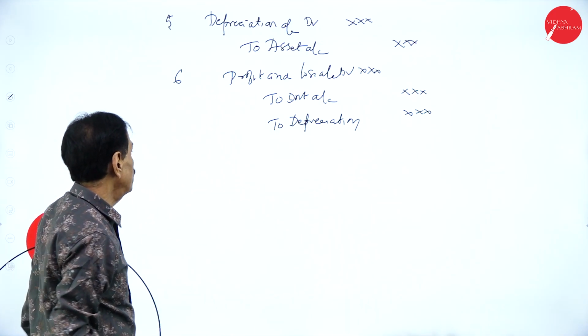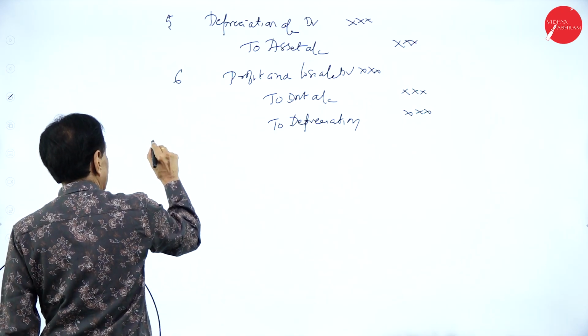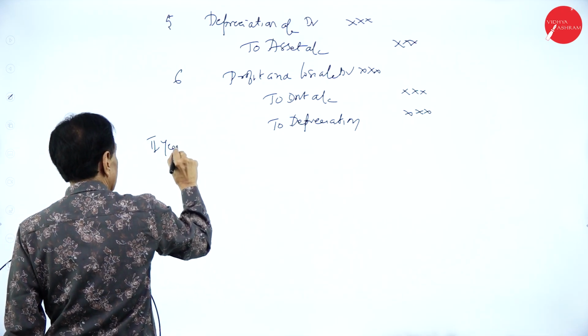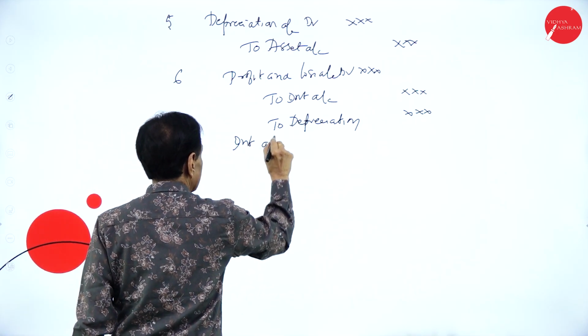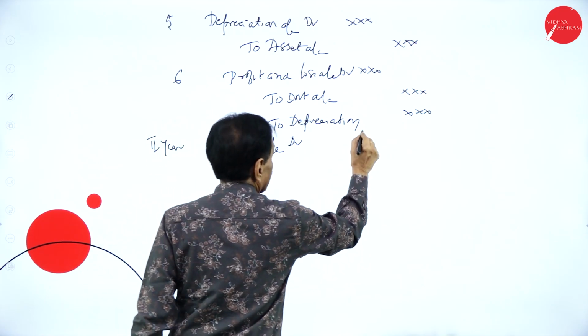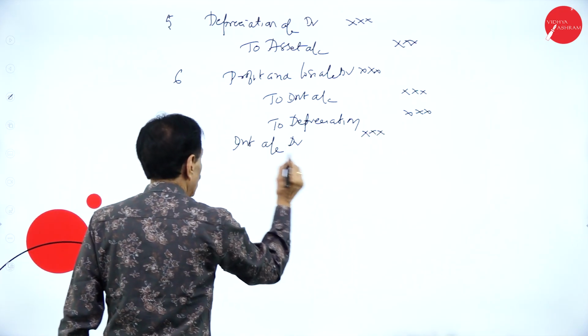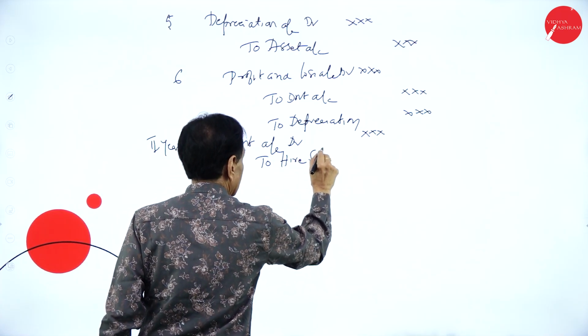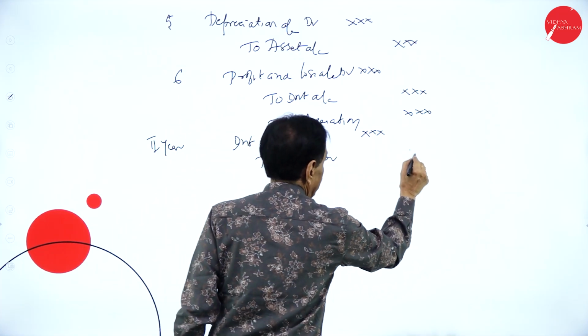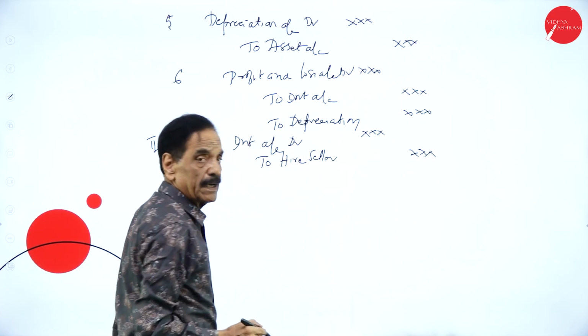Second year starts from here, this is the first year. Second year, interest account debit to hire seller account, being interest.